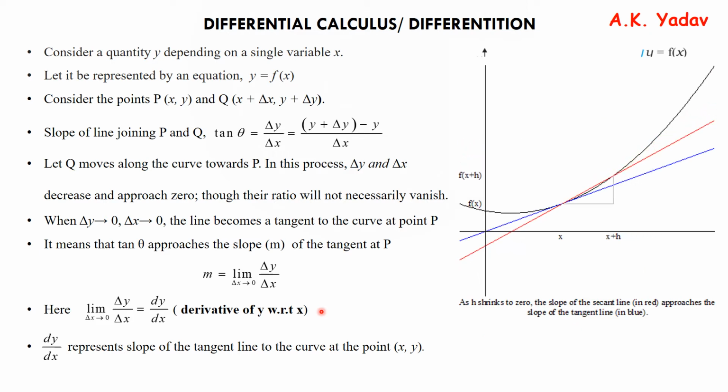Now this is an animated explanation of the whole thing that we have done. Here you can see that both delta y and delta x are reducing and they are approaching this point. Now at this point, can you see the blue line, that is the tangent, and the red line is also becoming the tangent.